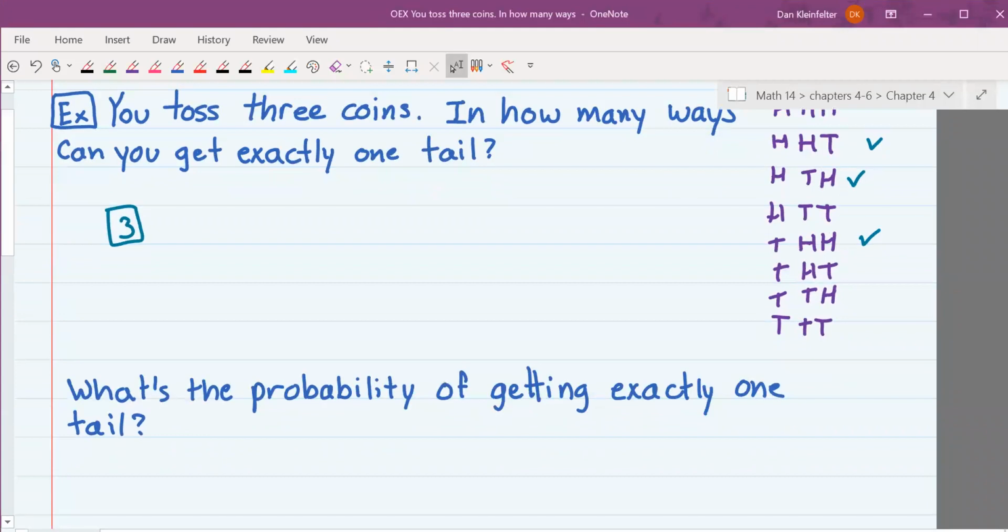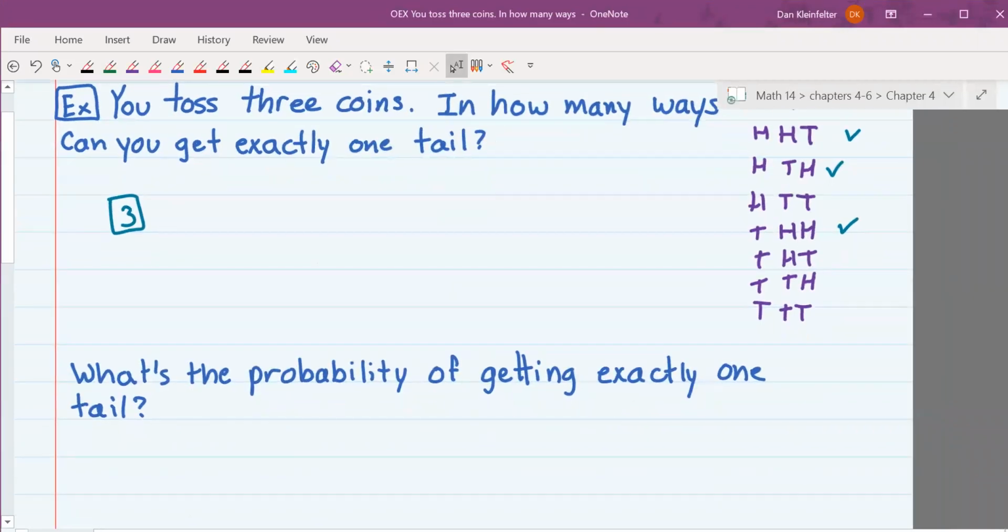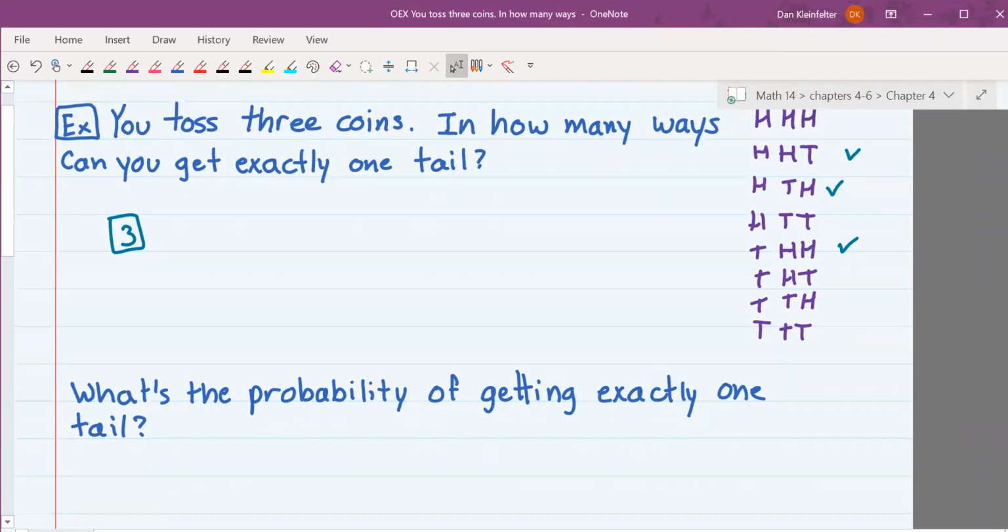Okay, I wanted to bring this up because that's different from this question. What is the probability of getting exactly 1 tail? Well, here there are 8 possibilities. Our sample space has size 8. So there's a 3/8 chance. Okay, remember that all probabilities have to lie between 0 and 1. Okay, the count here, 3, is a number of ways that something can happen.